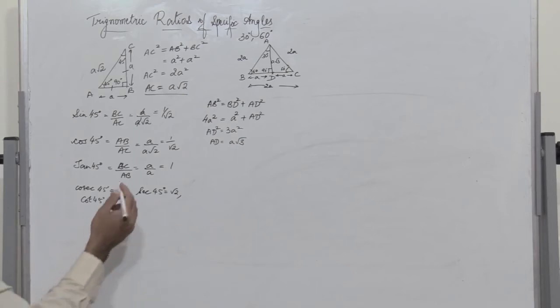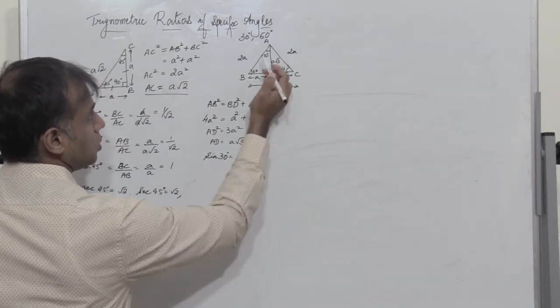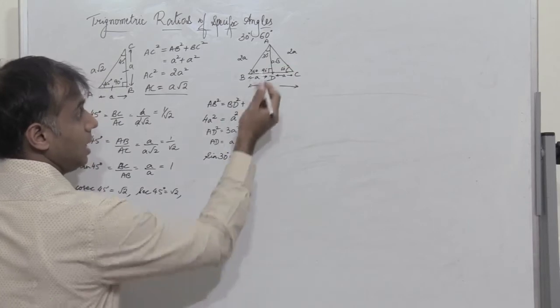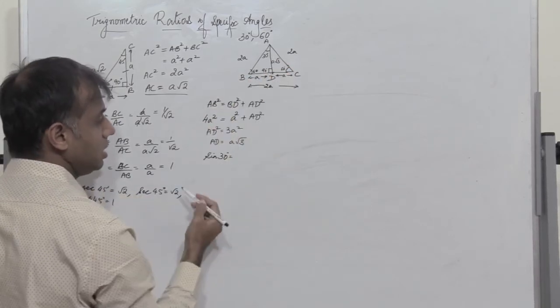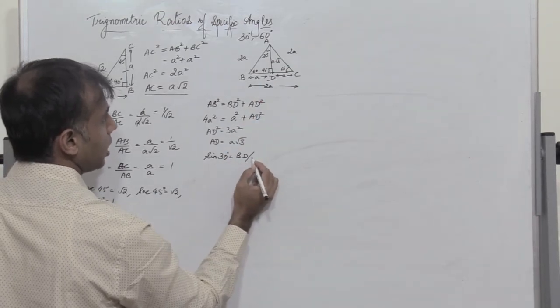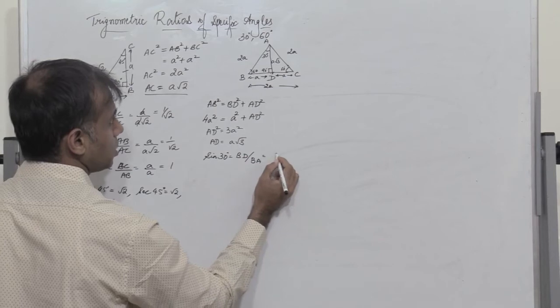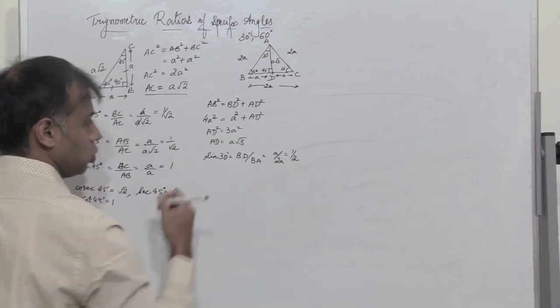So what is sine 30? Angle A, which is BAD, is 30. So sine 30 is the opposite side, which is BD, divided by the hypotenuse BA, which is A by 2A, which is 1 by 2.